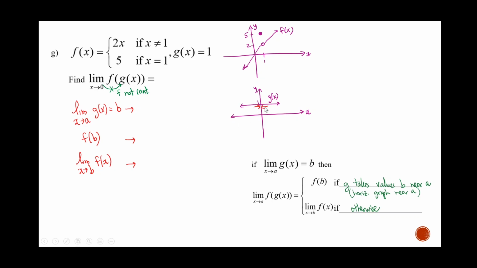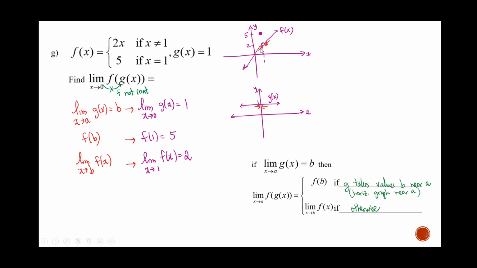The inner function is going to approach 1. So as x goes to 0, g is just 1. Then the evaluation of the function at 1 will be just 5. But the limit as x goes to 1 of the outer function is actually 2, approaching from both sides there.